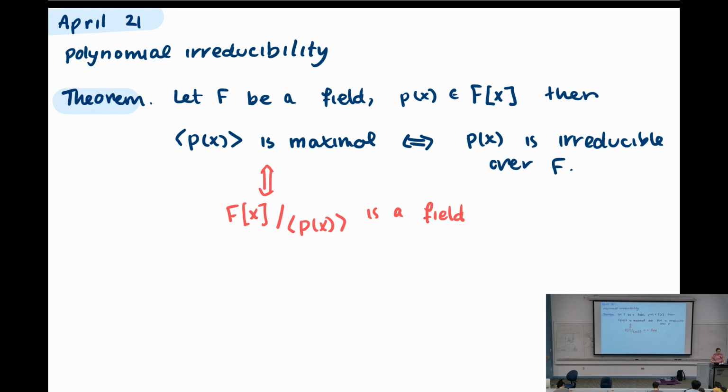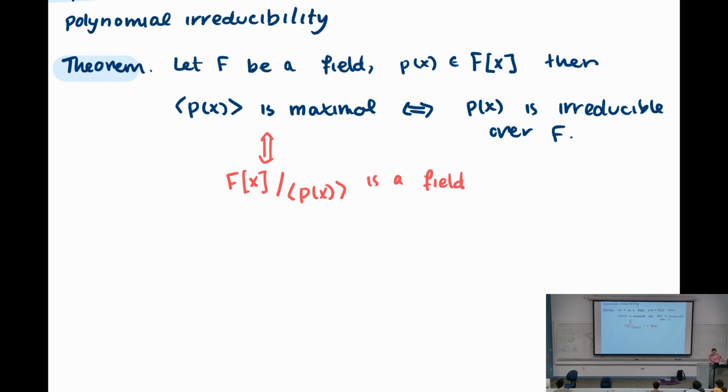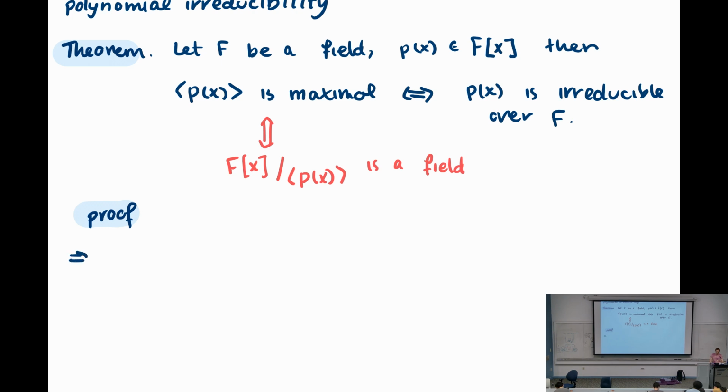Okay, so let's prove the theorem. We have to prove both directions, so I'll start with the forwards direction. For that, we'll suppose that the ideal generated by P(x) is maximal.